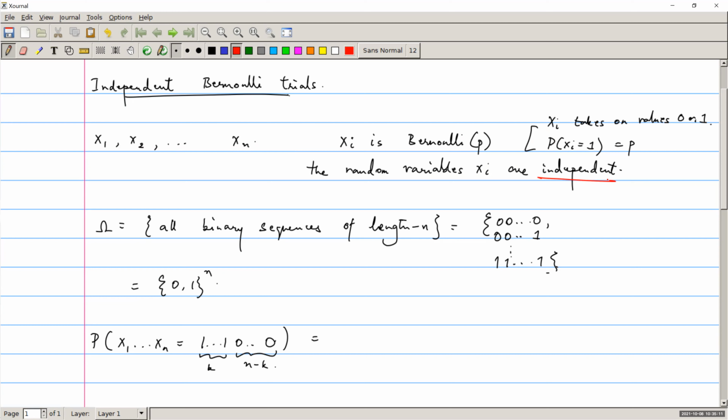So how do we write this? This is an intersection of various outcomes, so we would write it as probability x1 equals 1, times probability x2 equals 1 given x1 equals 1, all the way through probability xk equals 1 given x1 through xk minus 1 equals 1 1 1, times the probability xk plus 1 equals 0 given x1 through xk is 1 1 1.